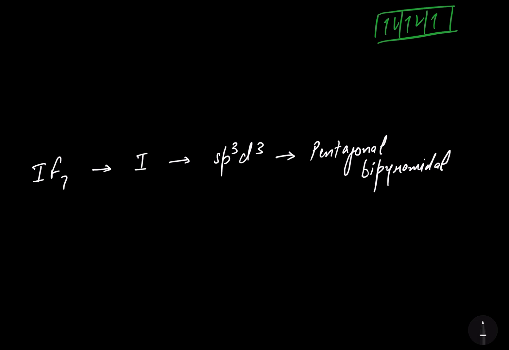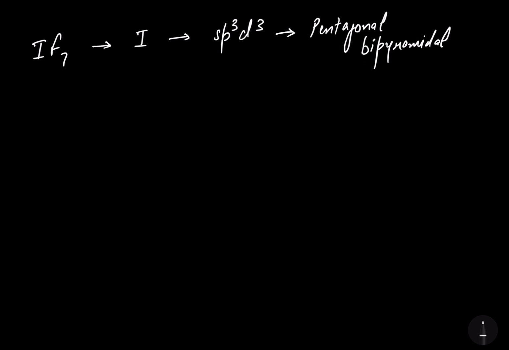So let's make it. First of all, iodine is over here. That's the first fluorine atom, the second fluorine atom, the third fluorine atom, the fourth fluorine atom, and the fifth fluorine atom.